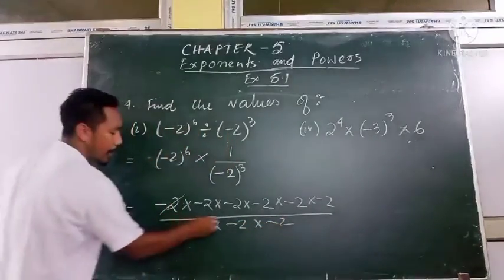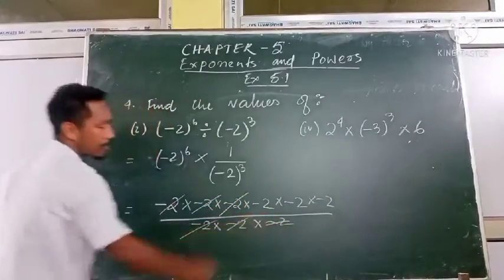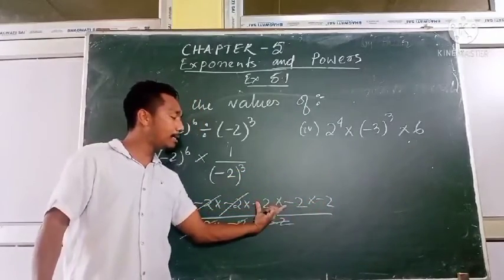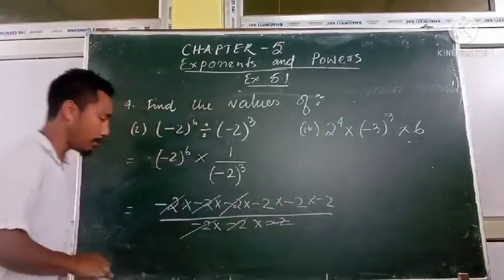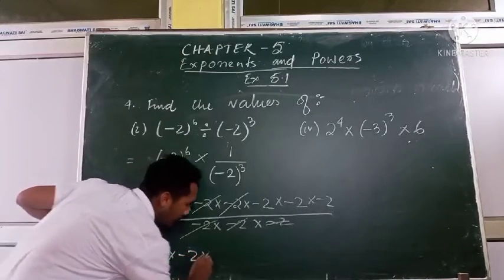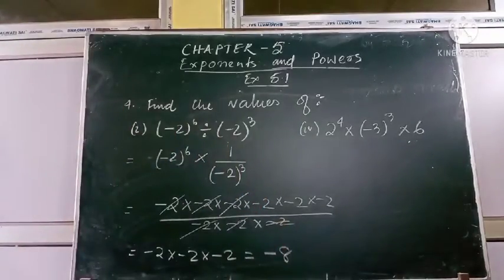So minus 2 cancels, 3 minus 2s we have cancelled. 2 times 2 is 4, 4 times 2 is 8, minus times minus becomes plus, plus times minus becomes minus. So your answer is minus 2 into minus 2 into minus 2, that means your answer is minus 8.